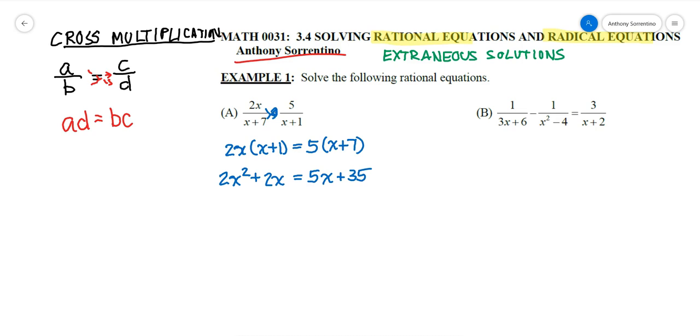So I'm just going to choose to use the quadratic formula for this. So I'm going to get this equation set equal to 0. I'm going to subtract 5x from both sides, which will give me a minus 3x. I'm also going to subtract that 35.